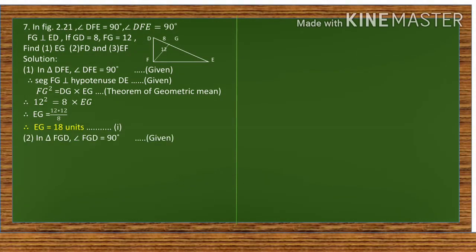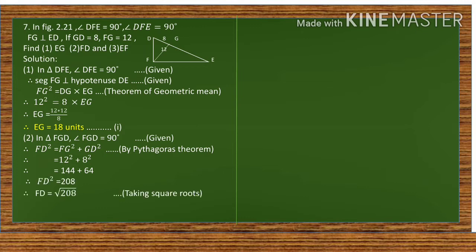Second one, in triangle FGD, angle G is again 90 degrees, which is also given. Therefore, for finding FD, we can use the Pythagoras theorem. By Pythagoras theorem, FD square is equal to FG square plus GD square. After filling the values, FD square is equal to 12 square plus 8 square, which is 144 plus 64.